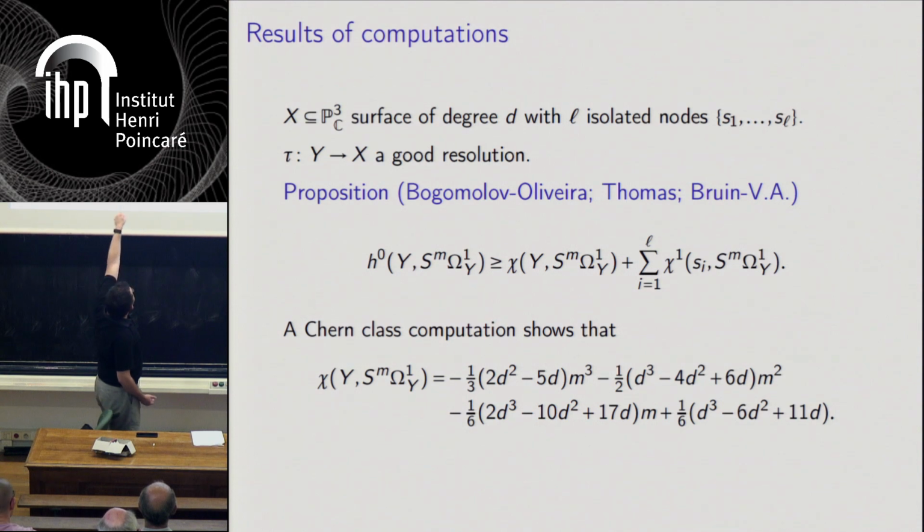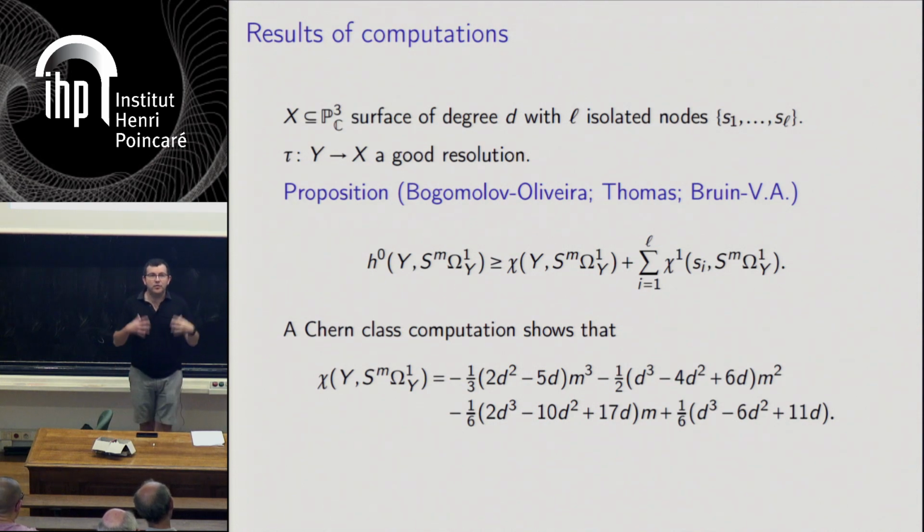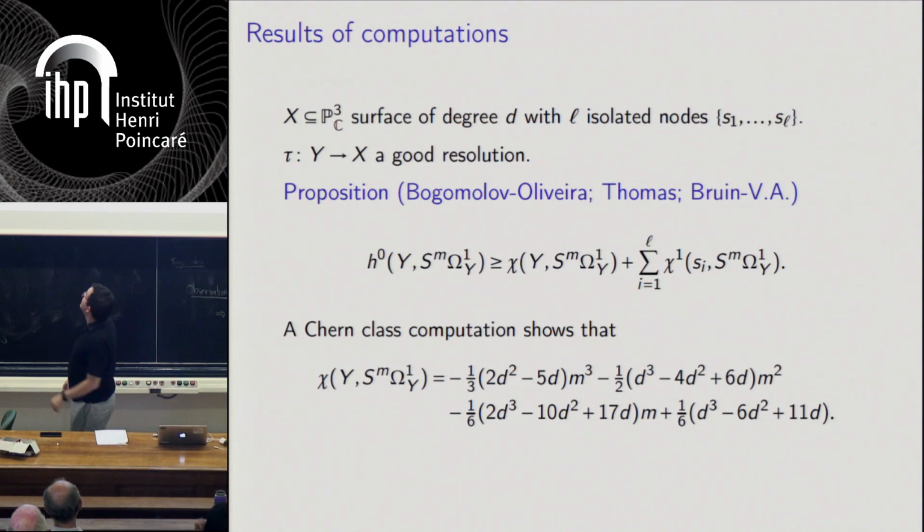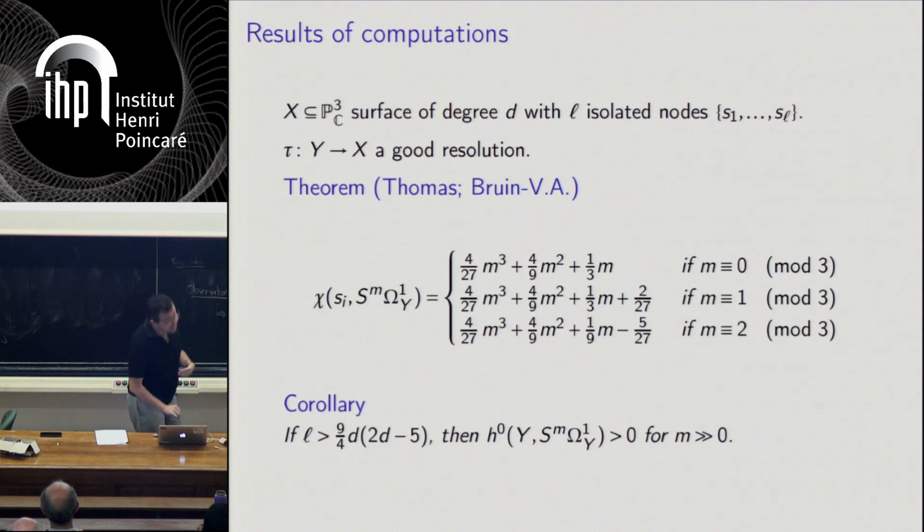You can see this chi is very negative. As soon as D is mildly positive, you're going to get a negative coefficient in front of m cubed. But when you start adding the contributions from the nodes, if you have enough nodes, you might be able to overcome that negative coefficient of m cubed. And that's exactly what happens.